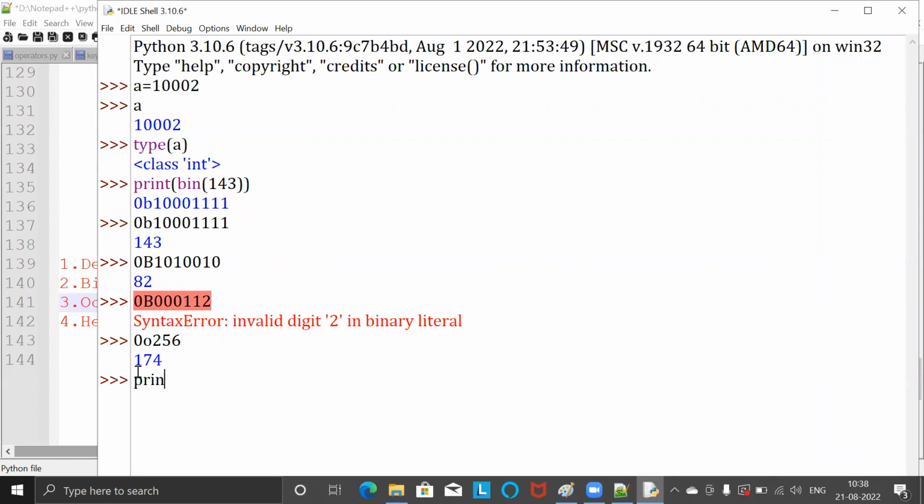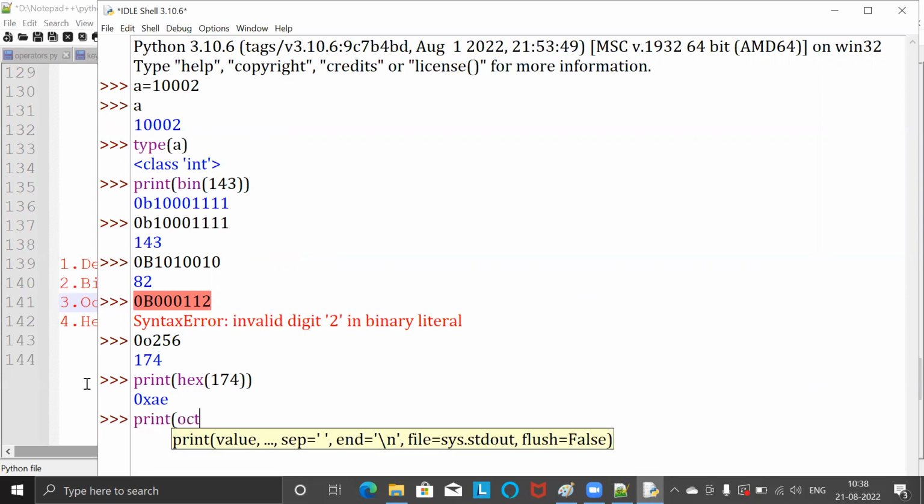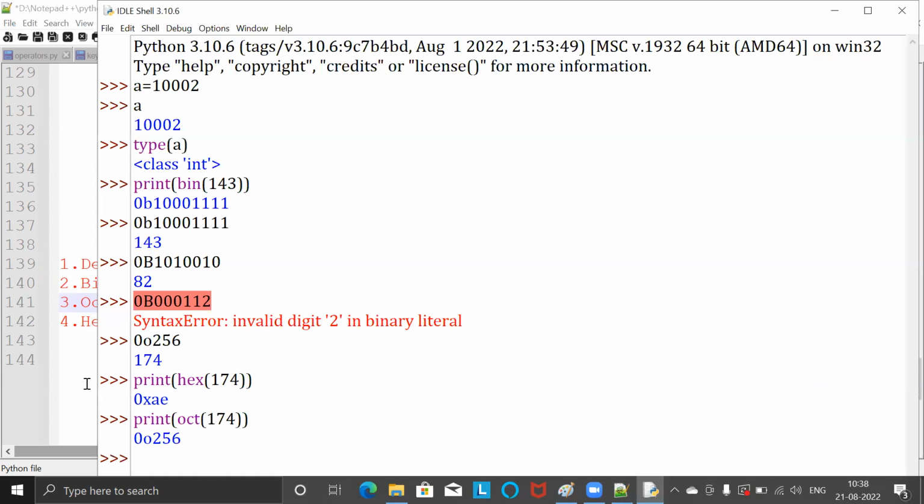And by using print of octal 174. Sorry, here I print octa. Here print of 0o174, the result is 256.